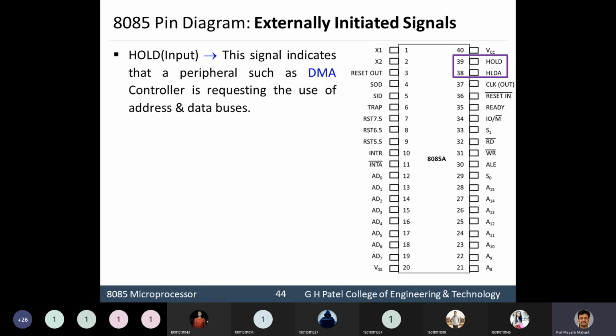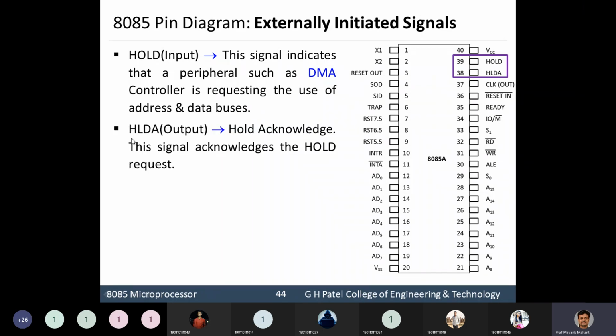Then we have HOLD and HLDA. HOLD is an input, means it is taken into the 8085. This signal indicates that a peripheral such as DMA, direct memory access control, is requesting the use of the address and data buses. And HLDA is an output signal which gives an acknowledgement.